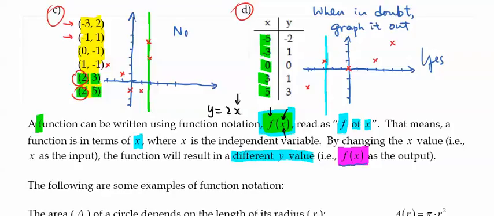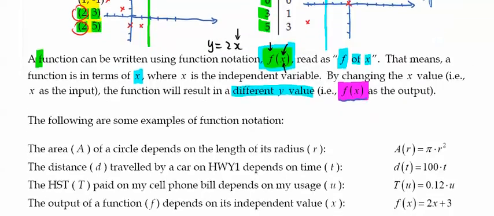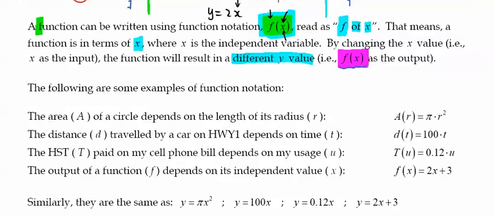So when it comes to function notation, as I said, you don't have to use f. You can call your function g. You can call your function p. You can call your function a. And your function can help us to calculate anything you want. If you're talking about working with a circle, the radius of the circle will help us to calculate the area. The longer the radius, the bigger the circle.